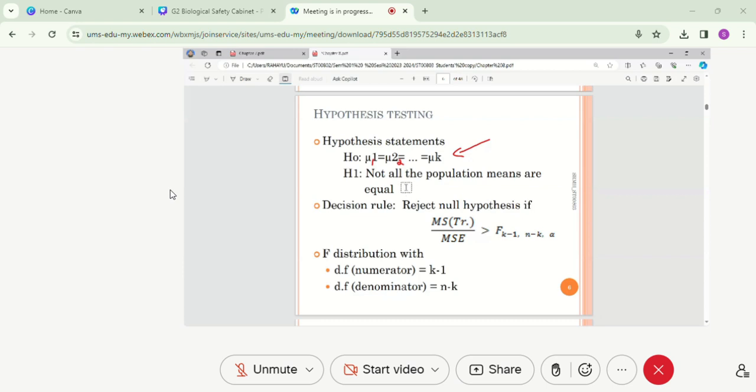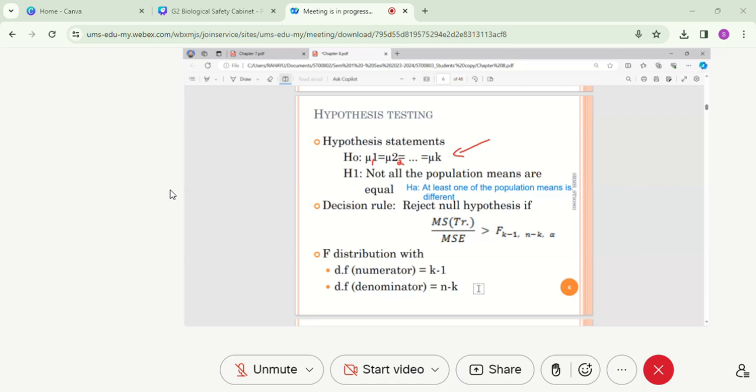In other words, HA: at least one of the population means is different. As long as even only one of the population means is different from the others, you can already reject your null hypothesis.